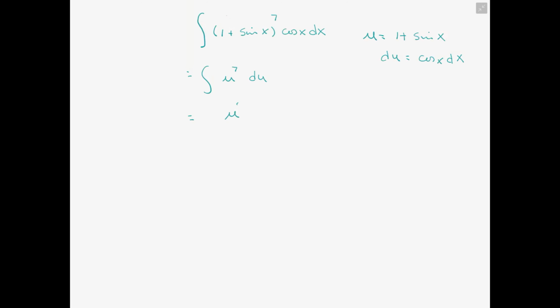And now we integrate. We got u to the 8th over 8 plus c. And now we resubstitute. We got 1/8 times (1 plus sine x) to the 8th plus c.